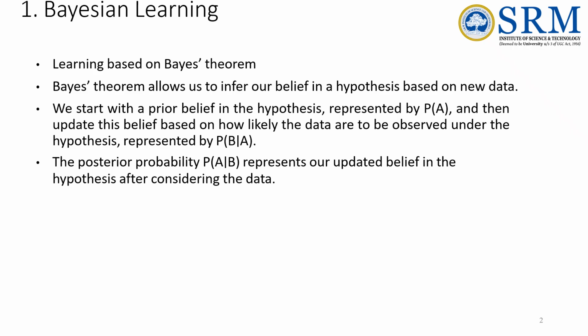Instead of making an absolute decision, Bayesian learning works with probability and helps continuously improve prediction as more data is received. This machine learning approach uses Bayes' theorem to update the belief or prediction based on new evidence.